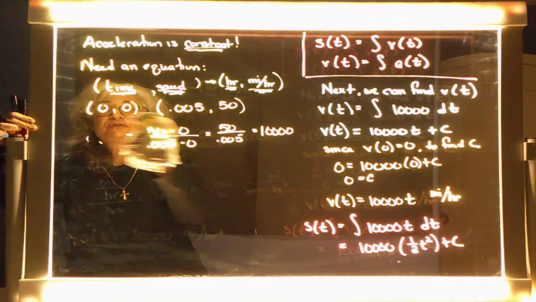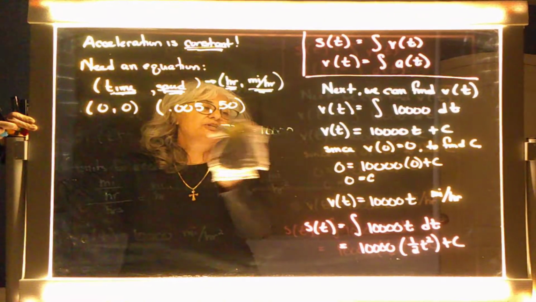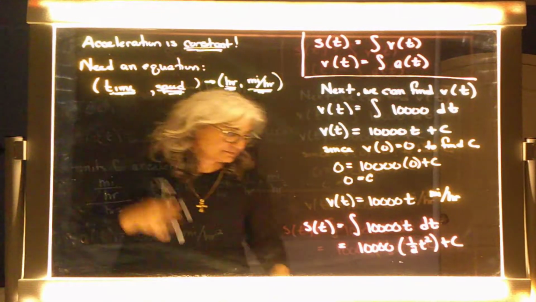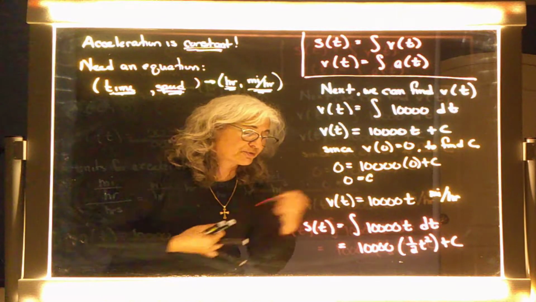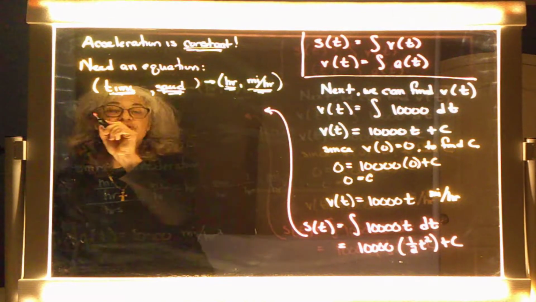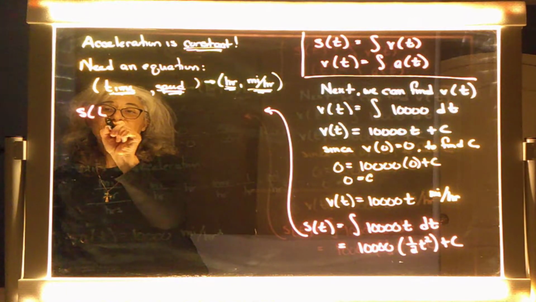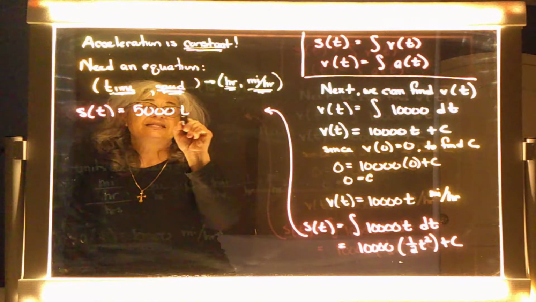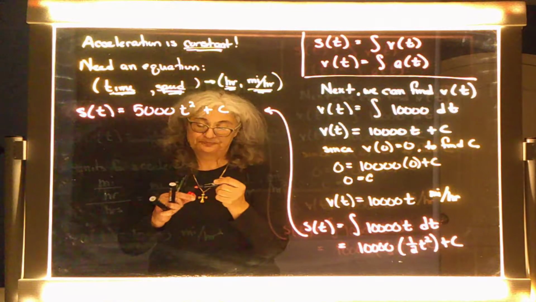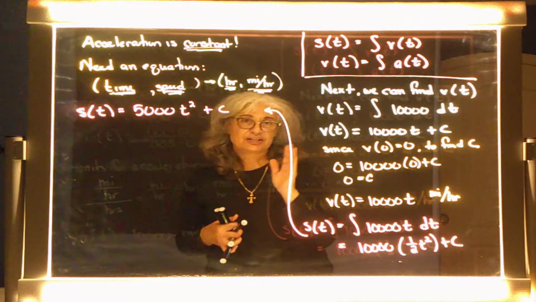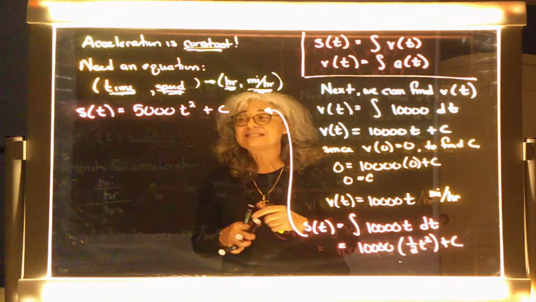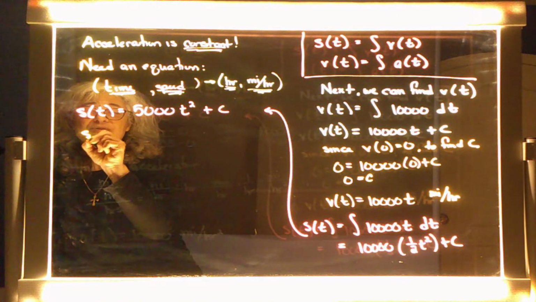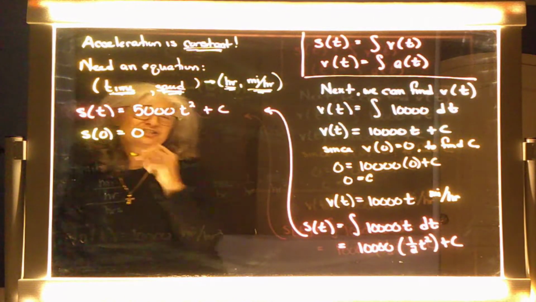Now, I've got myself a little bit more board space. We're doing good here. So we can finish off this problem. So I'm going to bring this up. So far we have that the starting point of t is going to be 5,000 t squared plus c. Now, there's that c again, I know, but it's not so bad because now let's think about this. At time 0, so the starting point at time 0, wouldn't that just be 0?